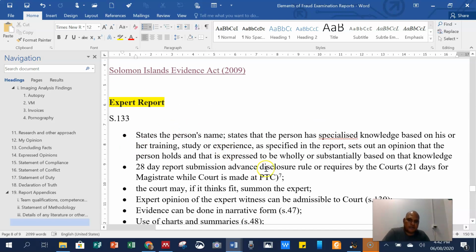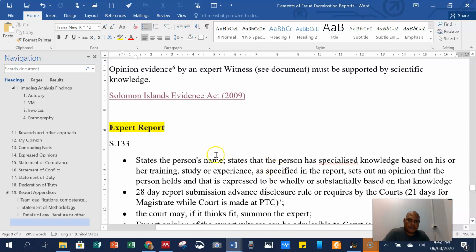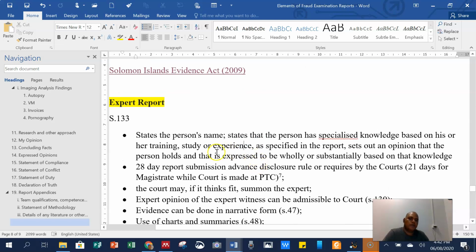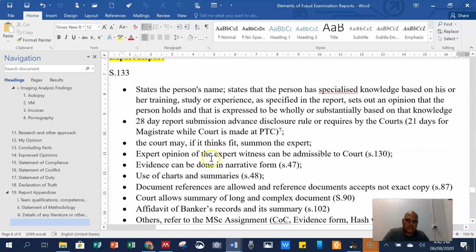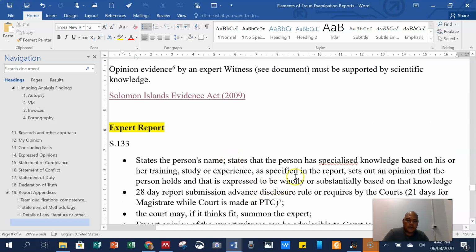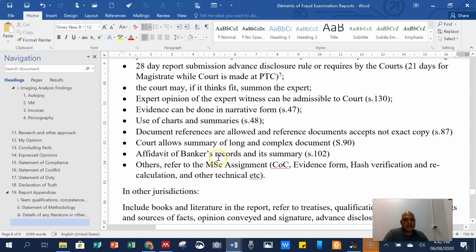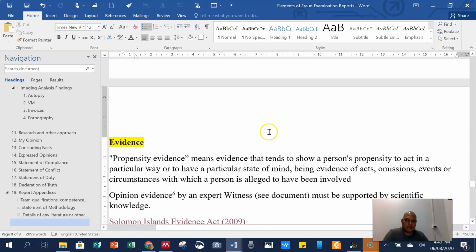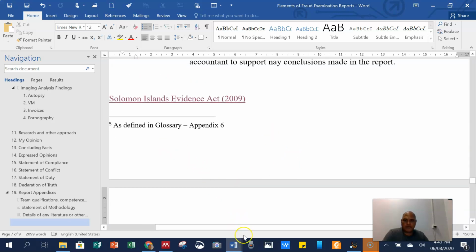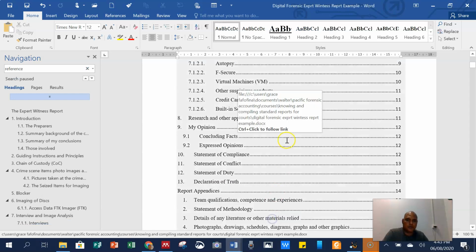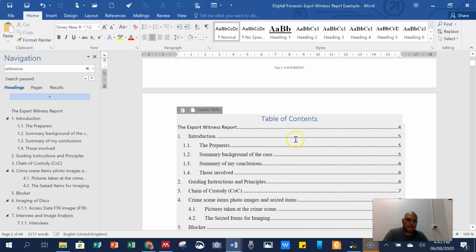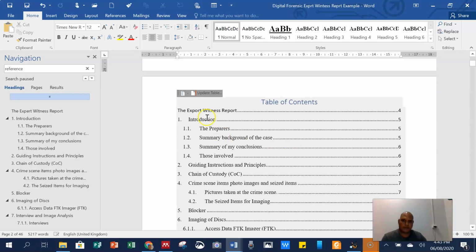So these are the type of things that expert witnesses, forensic accountants who will write an expert witness report, do for reporting of such cases. So when we expand the expert report under Section 133 and other sections that we discussed here, it can look very comprehensive. So if we go to one example of a digital forensic expert witness report, it is here.